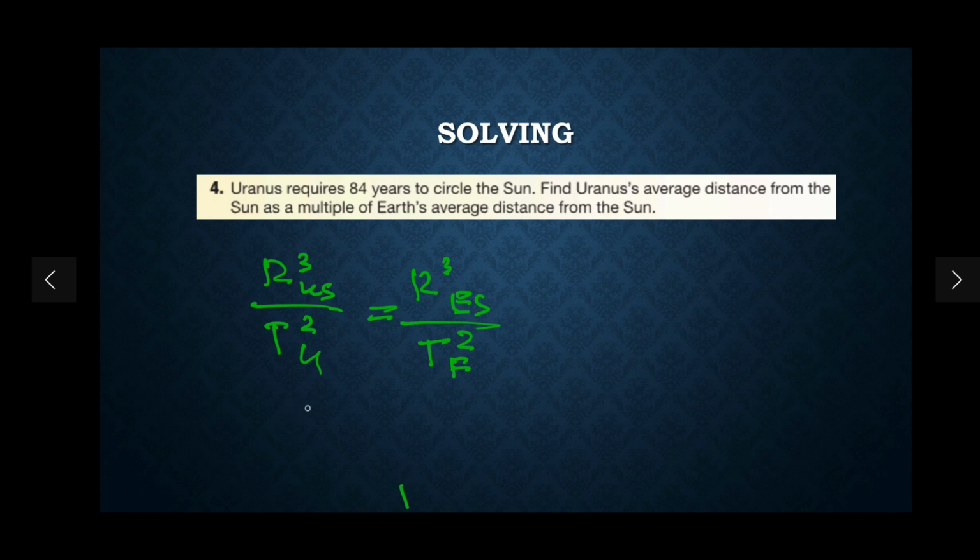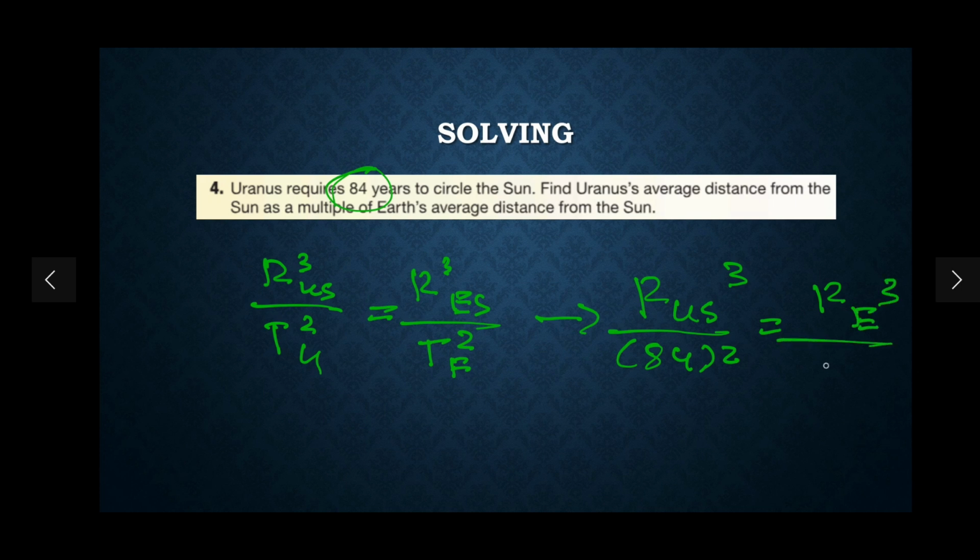Substituting the values gives us R Uranus cubed over 84 squared, since we have 84 years, equals R Earth cubed over 1.